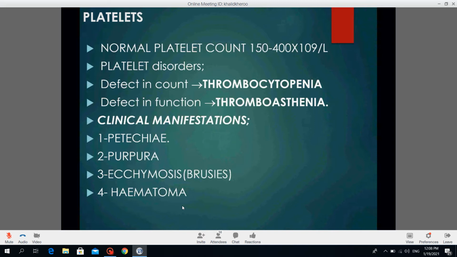from different sites، from the nose، from the gum، ممكن upper GI bleeding، والمشكلة in females يصير عندهم heavy vaginal bleeding.